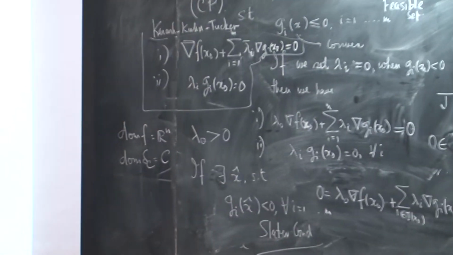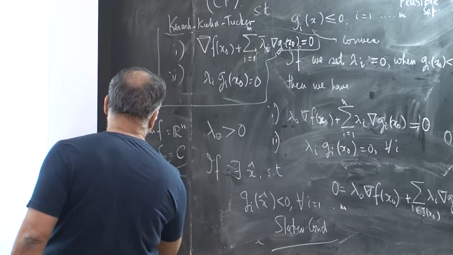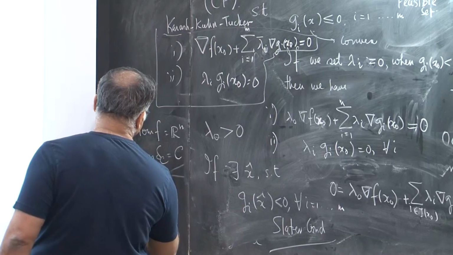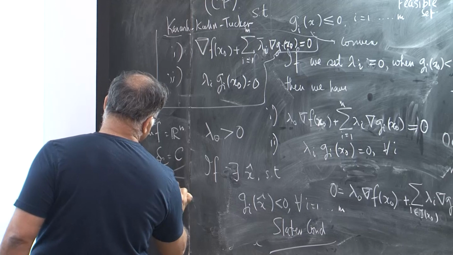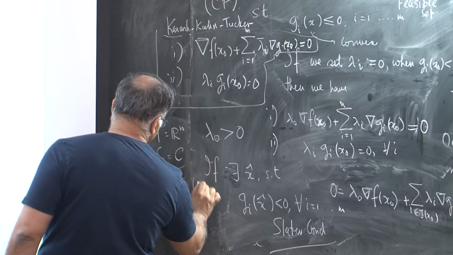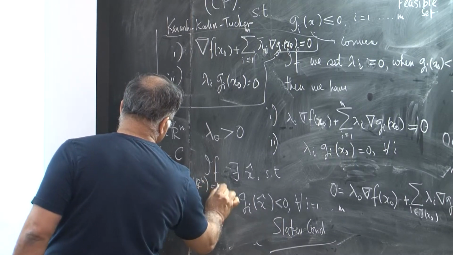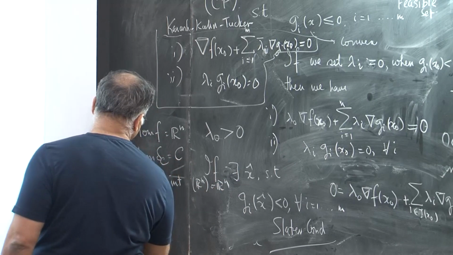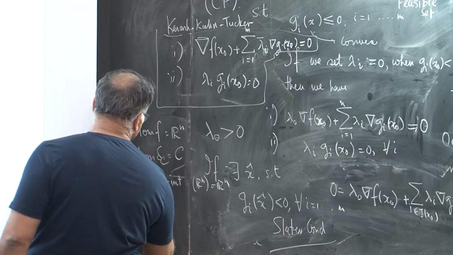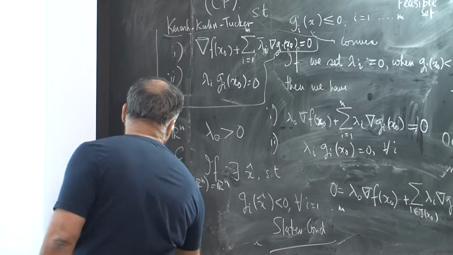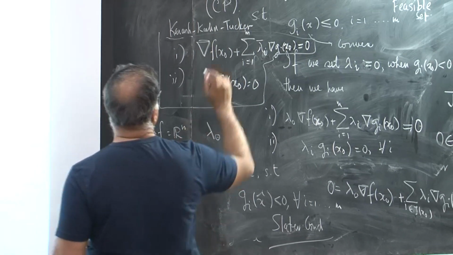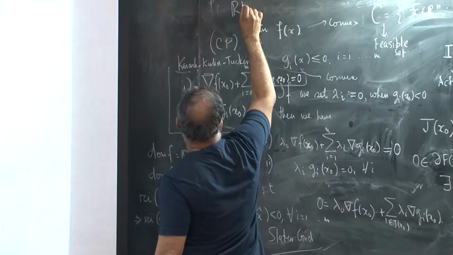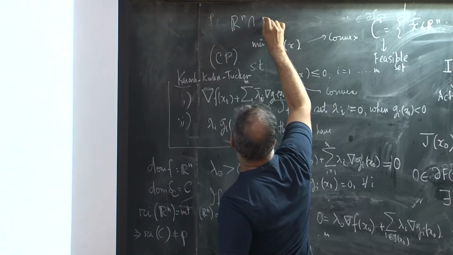So, what is the relative interior of Rn? The relative interior of Rn is the same as the interior of Rn, which is Rn itself. Now, the relative interior of C, of course, is not empty. Now, Rn intersection the relative interior of C.